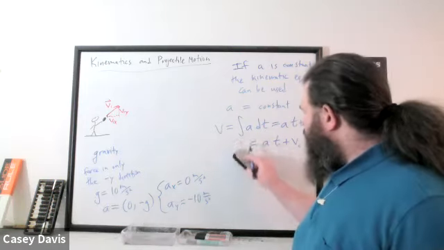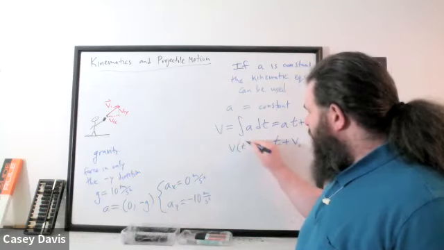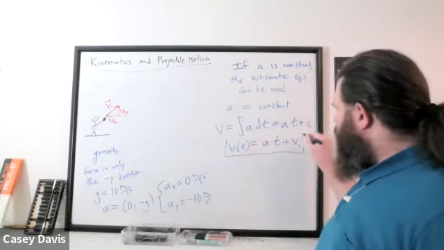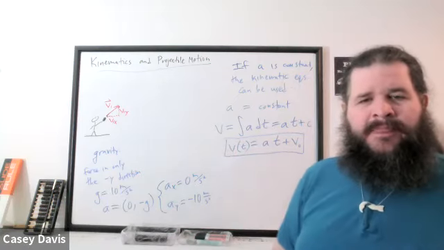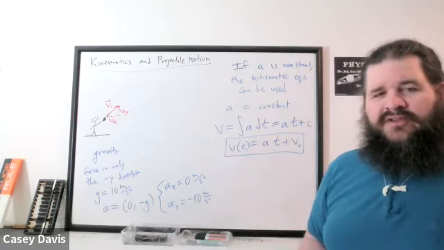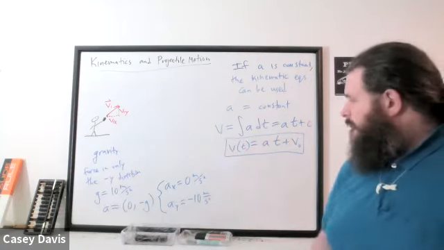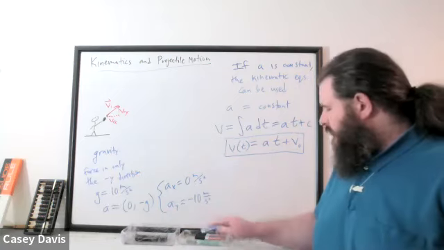We usually write that either as v final or as v of t, because it's just the velocity at any time. So in function notation, velocity is a function of time. That's one of the equations we can always use as long as the acceleration is constant. And we can take this a step further and get a formula for position.